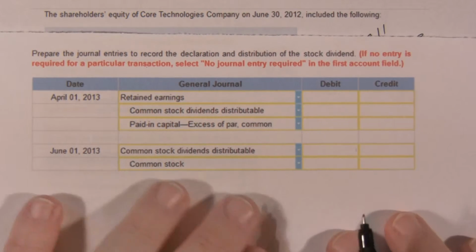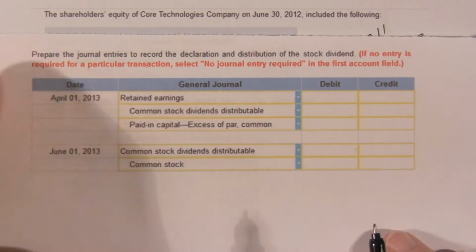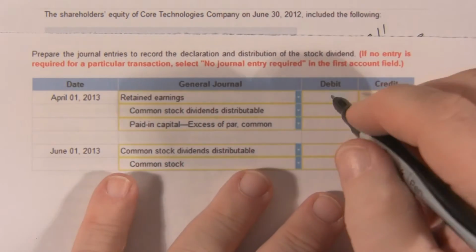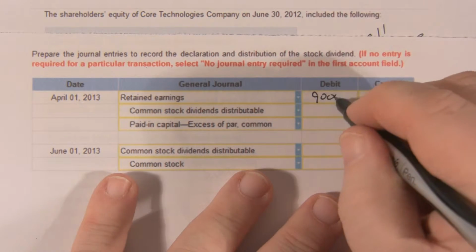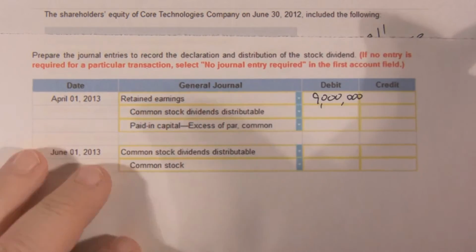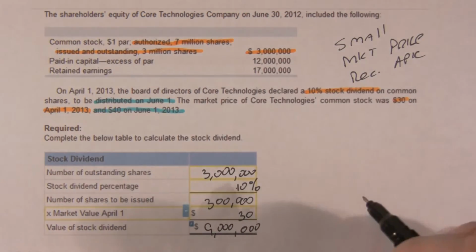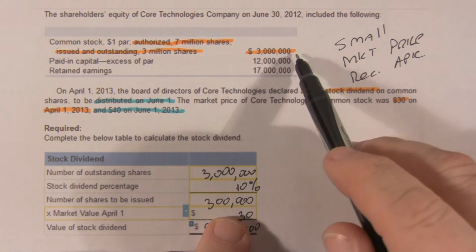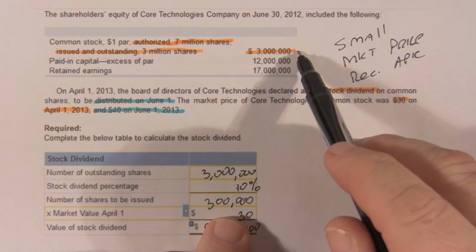So April 1st, retained earnings reduced by 9 million. Debit, retained earnings, 9 million. Common stock, 300,000 shares, dollar par. Do you see how I came up with that?